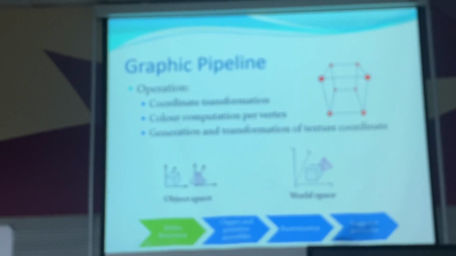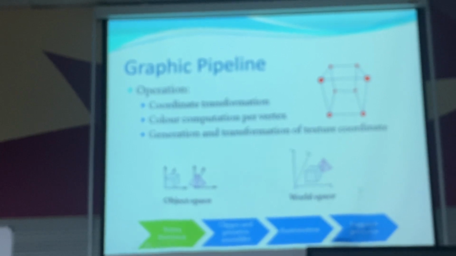Object space means each of the object will have their own origin, have their own space. Or you can use world space, all the objects share one origin. So in OpenGL, we will use this world space. Okay, easier. You have one XYZ axis, and then you just declare where's your point, your coordinate.